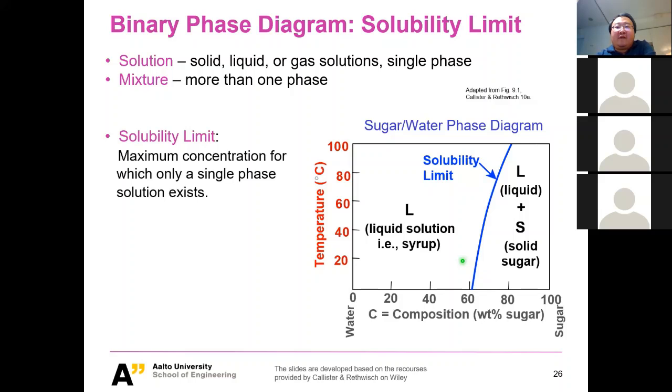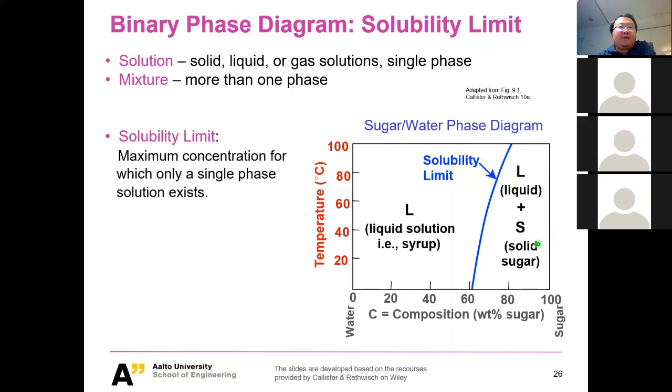But after 65% of sugar, you find your sugar will not dissolve anymore. The diffusion will not just happen as we wished. It becomes two phases: the liquid solution, as always, and then your sugar, which stays as solid.